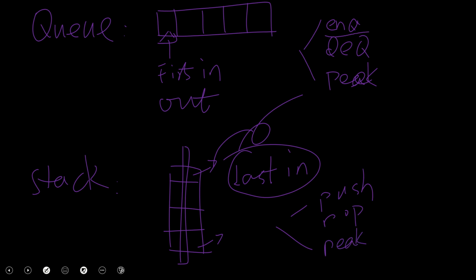Enqueue means we want to add one more. If you consider this a waiting line, a new person always comes to the last. Dequeue is first in, first out, which means the head of the line goes first, so dequeue removes the first one, and peek just returns the first one.